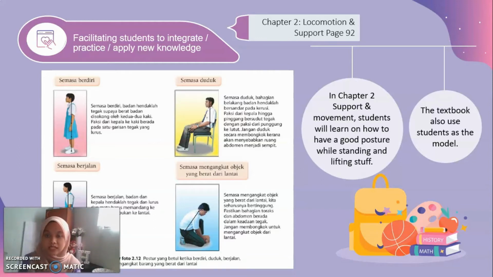By this knowledge, they can apply and practice having a good posture while standing, walking, and lifting things. So it's a good key concept to facilitate students, and they will remember this for the rest of their life.